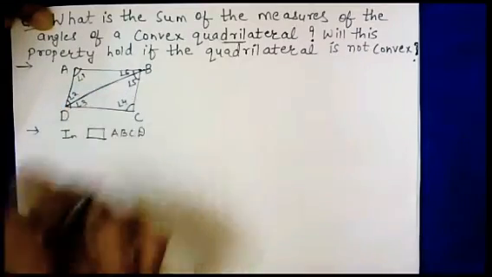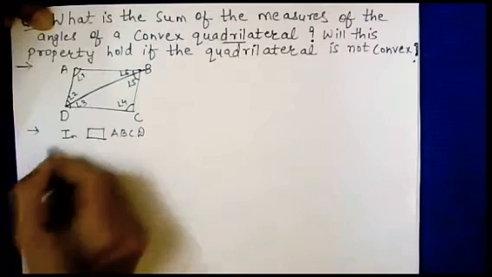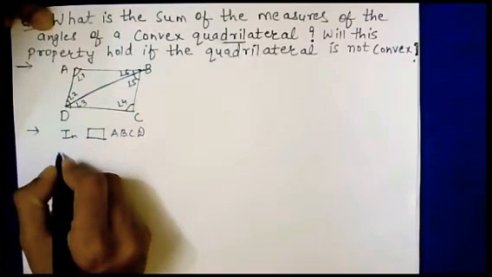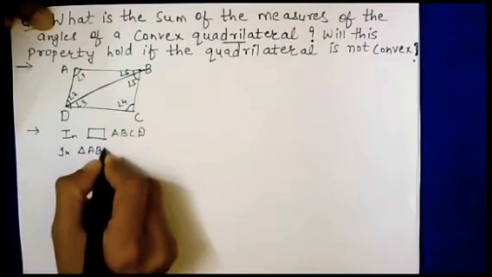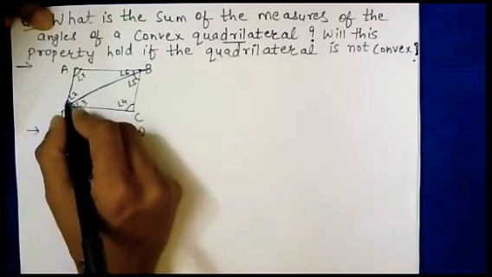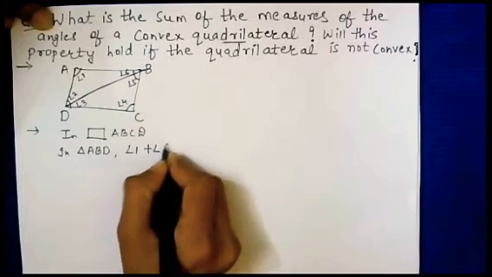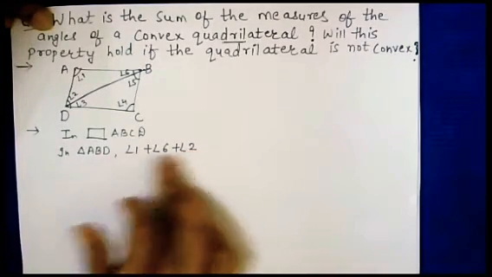We have divided it into two parts and each part is a triangle. First we will talk about triangle ABD. In triangle ABD, the three angles are angle 1, angle 6 and angle 2.